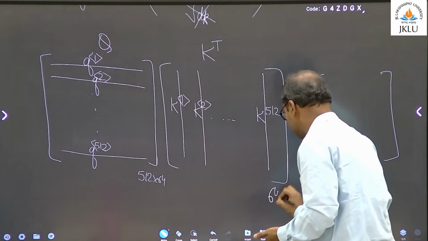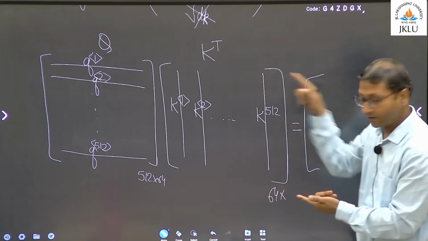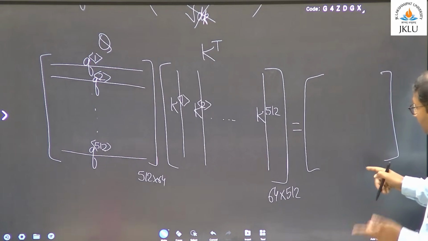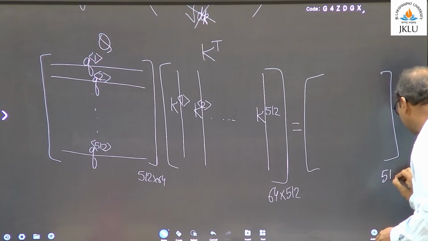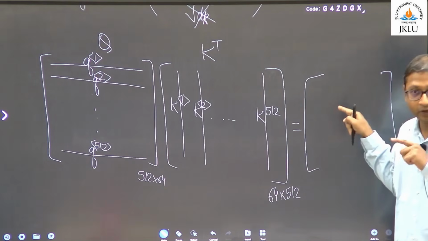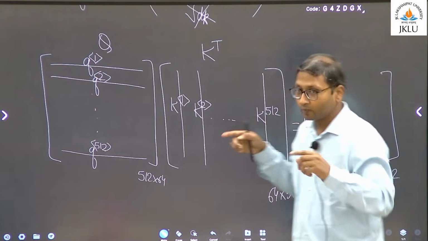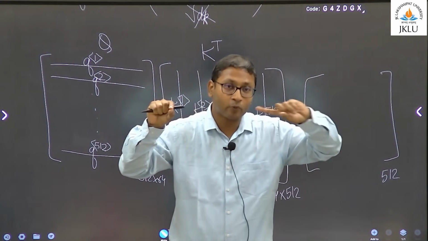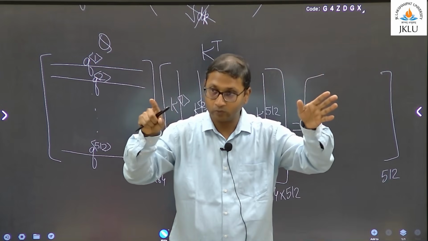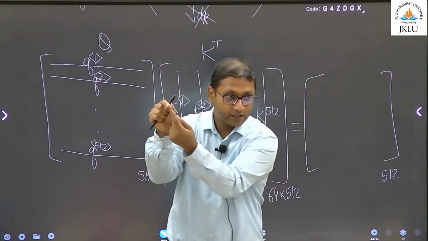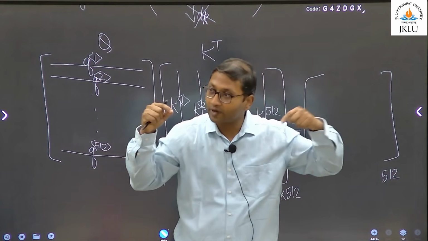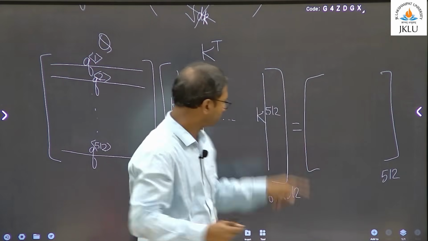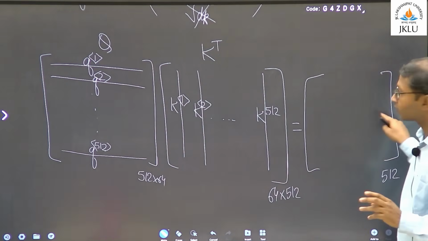So this is 64 cross 512, and that should give me 512 cross 512. Does this make sense? Why 512 cross 512? Because there are 512 units here, and for every unit you are taking 512 dot products. So for a total of 512 units, you are taking 512 cross 512 dot products.